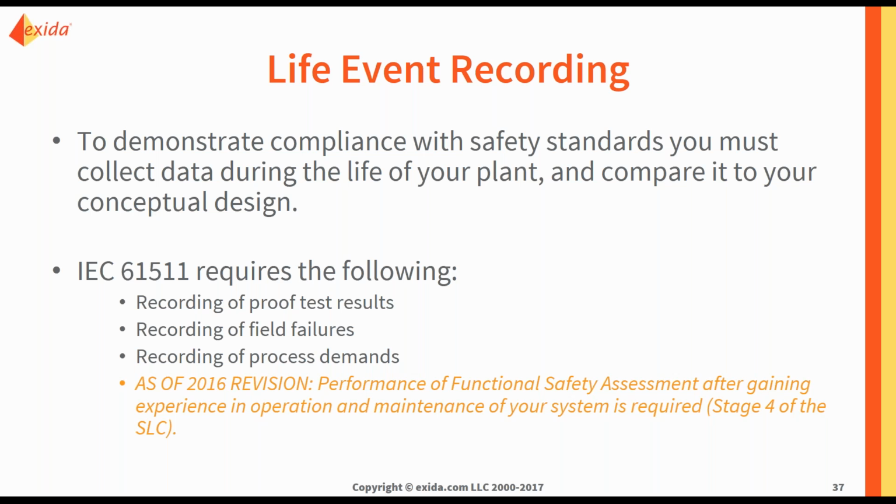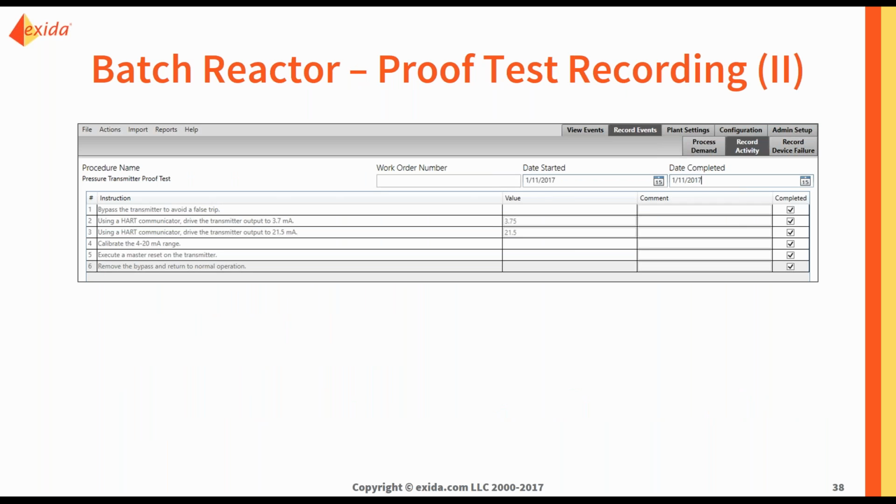You can do that with one of our tools. We call it SILStat. That is what my screenshot here is showing. This is a proof test recording. In SILStat, we try and make it really easy, so the proof tests are pre-populated. You can simply take your device out into the plant, follow the steps, input the necessary values, see if you passed or failed, and then hit save.